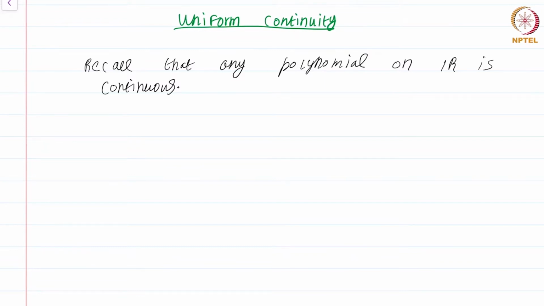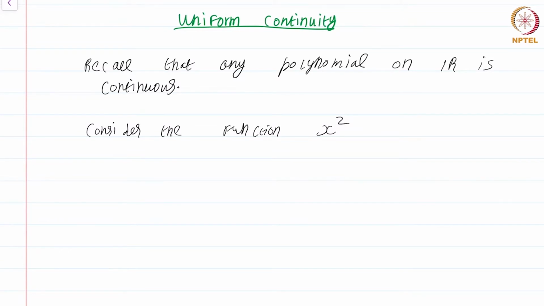Let's try to prove this directly for one candidate polynomial, which you have already done once. Let's go through that proof carefully again. Consider the function x squared. Suppose you want to show that this is continuous.